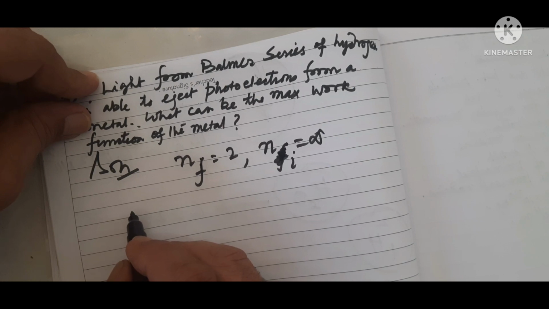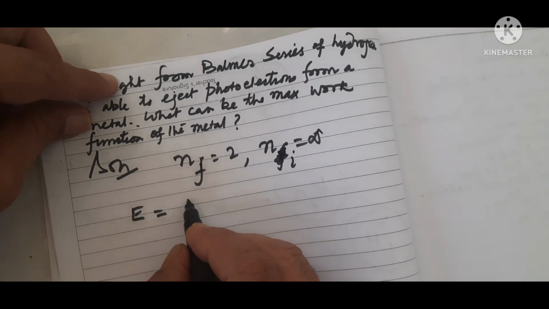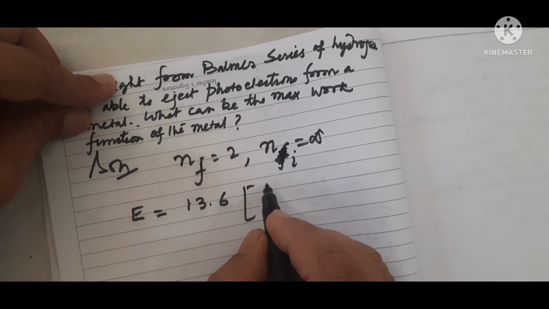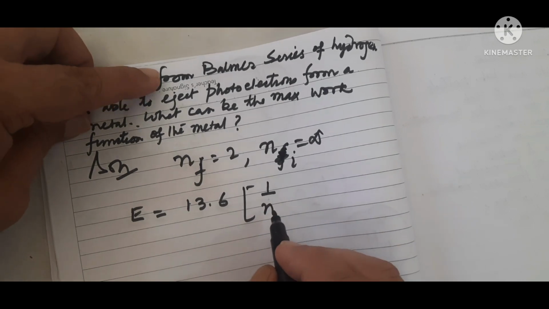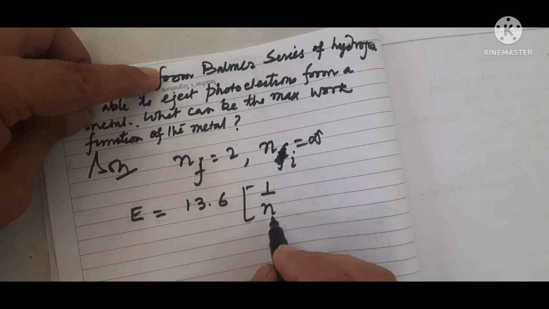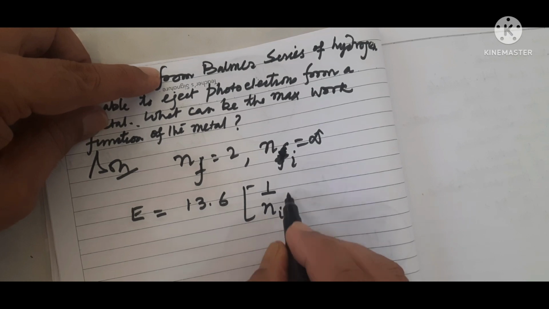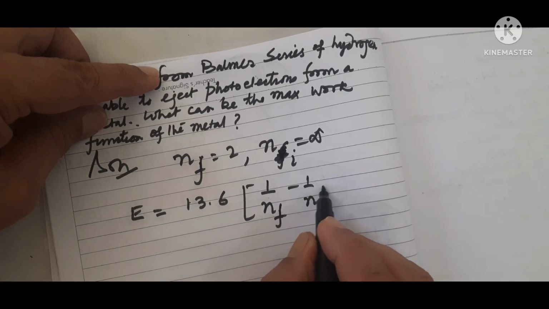So here energy will be, we can write it as 13.6 within bracket 1 by nf square minus 1 by ni square.